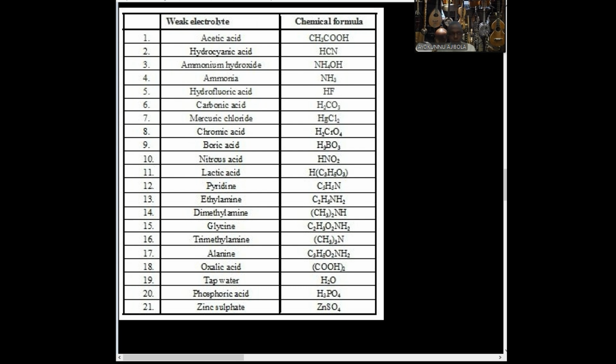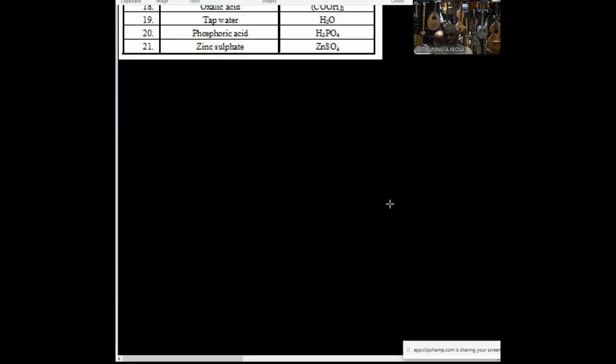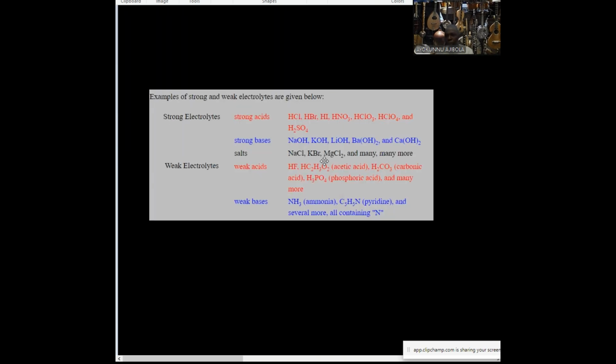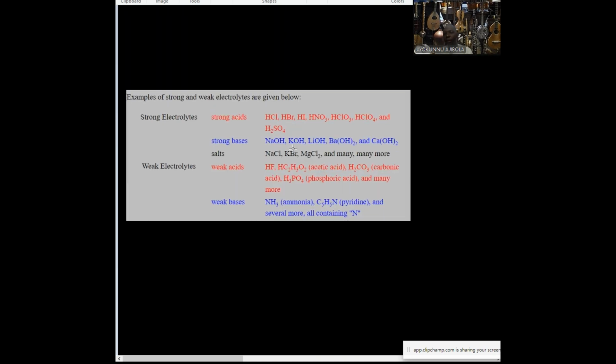Okay, so I think we can move on now. Electrolytes. If you check on this page, you'll be able to see hydrochloric acid, hydrogen bromide, hydrogen iodide. You know, all of them mostly containing hydrogen.